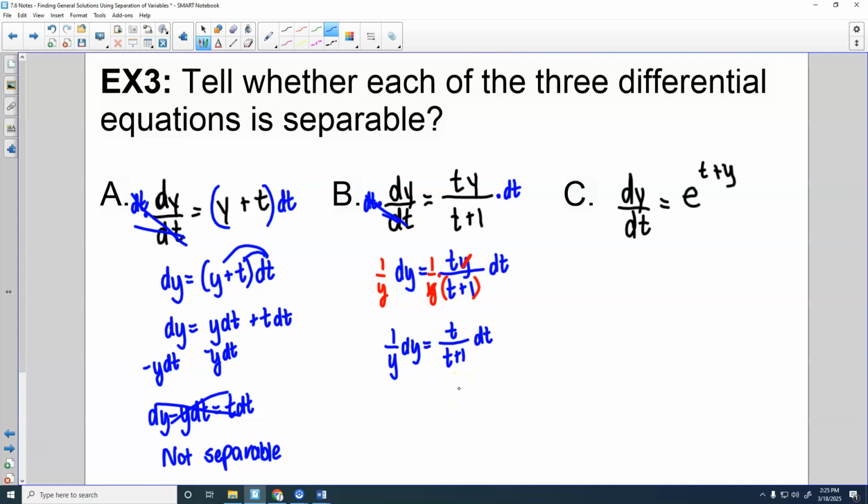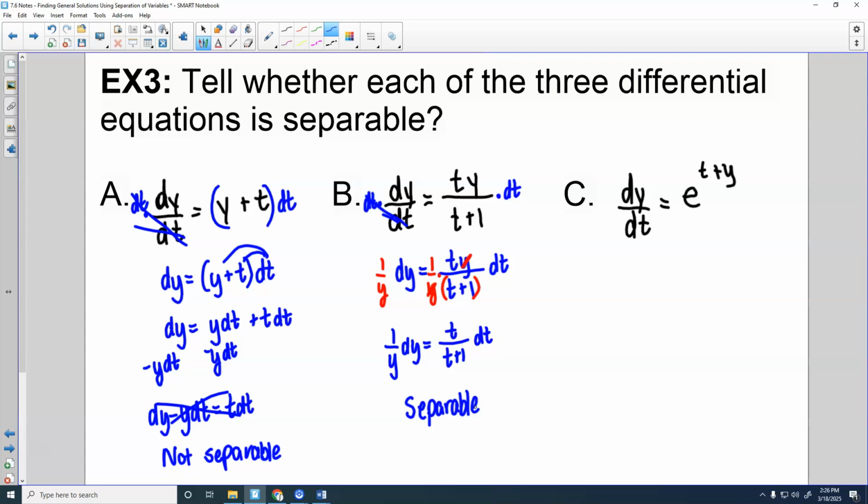Are my variables separated here? They are. This one is separable. So that is one that we could potentially be able to solve. And again, that first step is so important because if you don't get it, then you're not going to get the other parts.